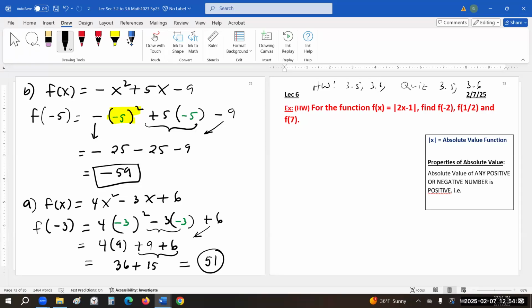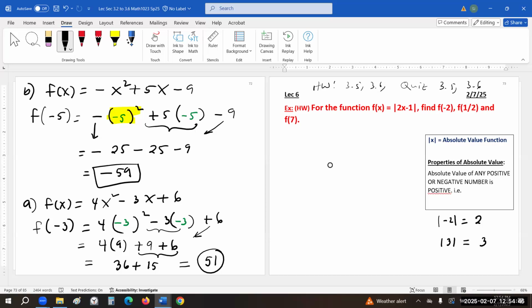For example, if you write absolute value of, let's say, -2, it will spit out +2. If you put absolute value of, let's say, 3, it will give you the answer 3.